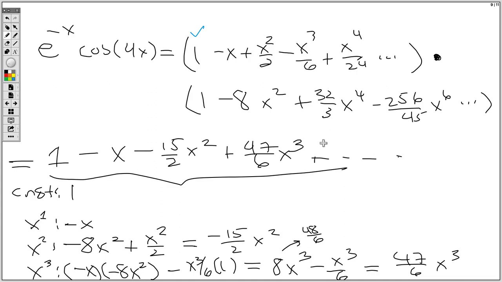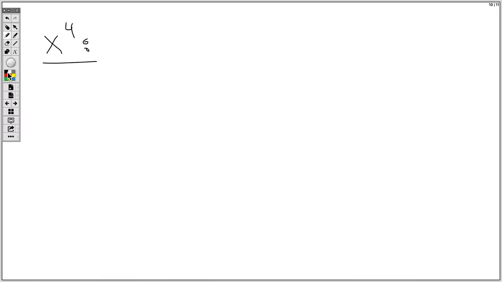So let's do x to the fourth even though we don't have to. So if I take 1, can I take 1 times anything over here and get an x to the fourth? Yes, and I'd be multiplying by which term? What term would produce an x to the fourth? 32. Okay, so those match up.